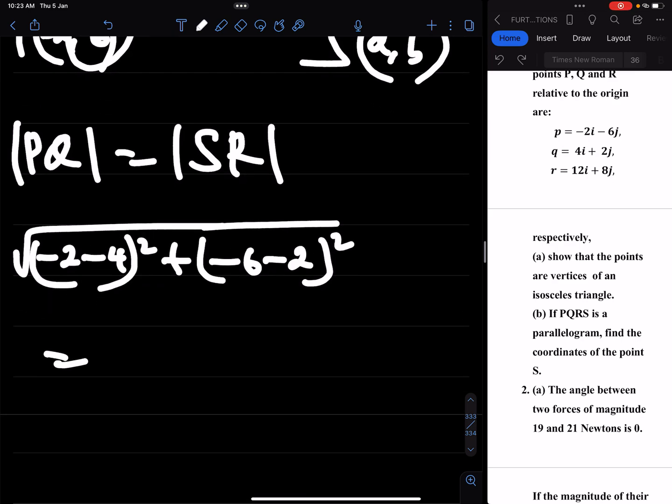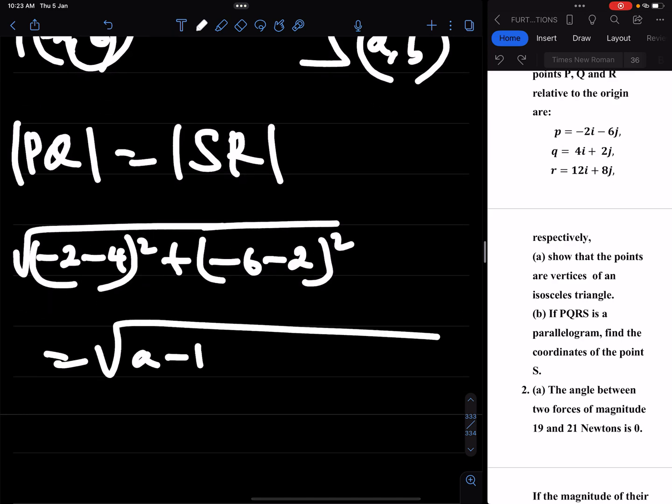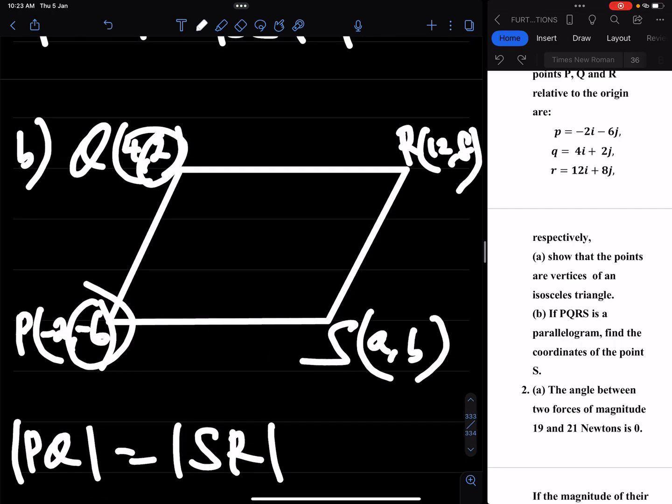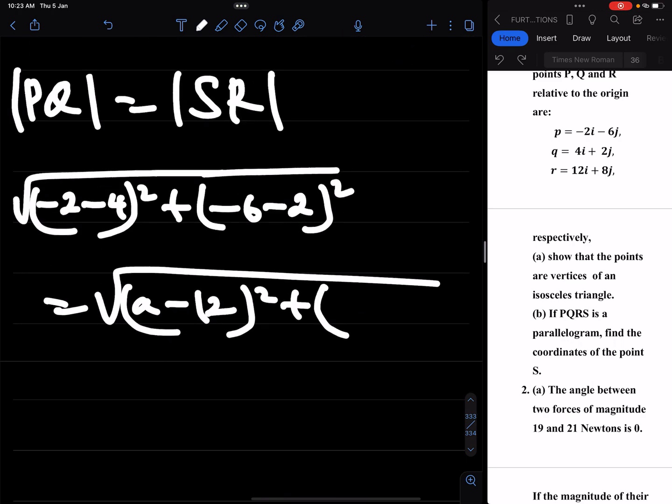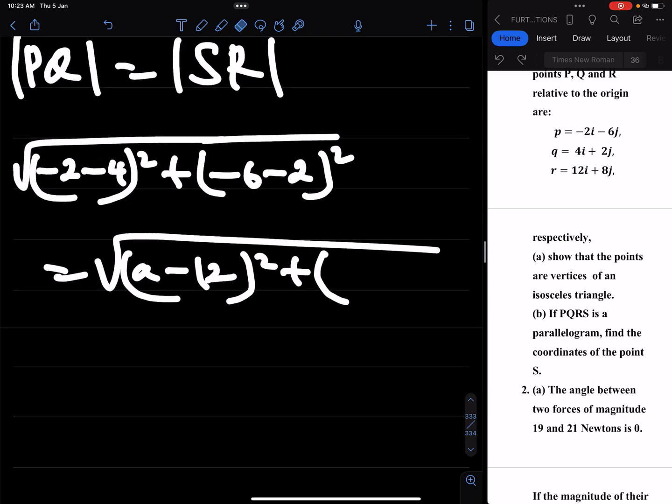That's the square root of A minus 12 all squared plus B minus 8 all squared. We're just using the concept of distance between two points.